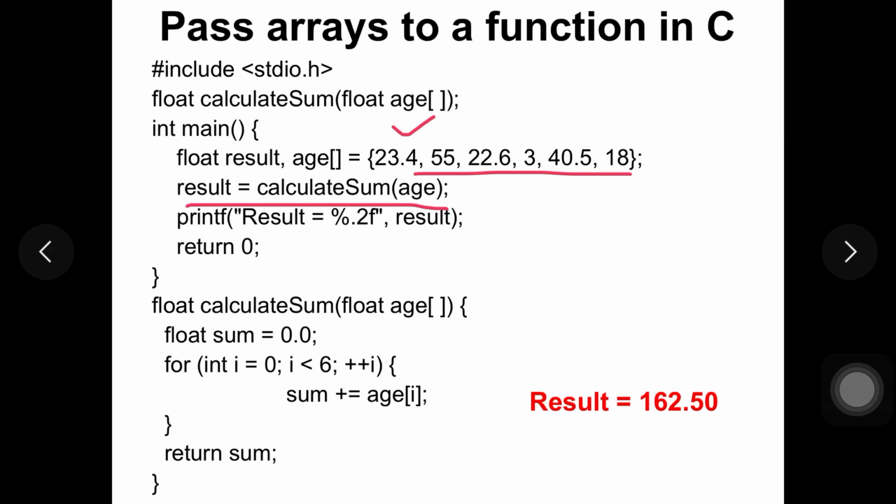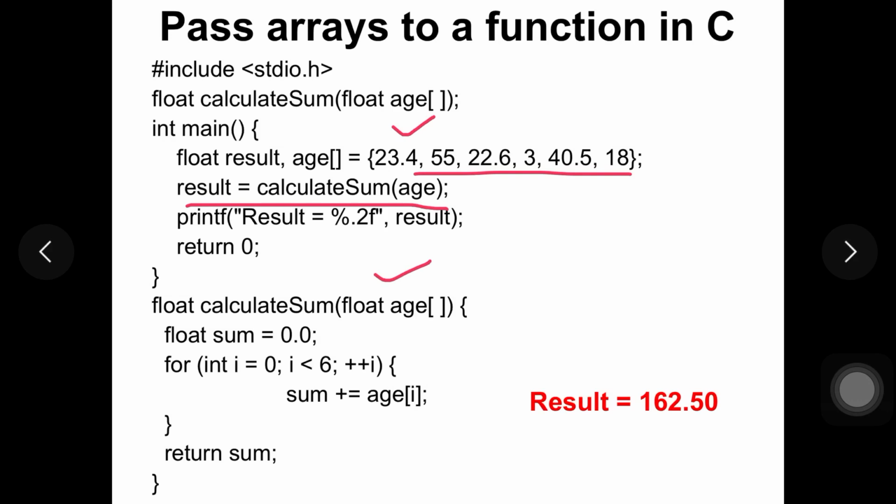So inside float age, you are copying all the values. Now float age has all the values from the array we had in main. Now you are using a simple for statement to add all the elements of the array, from 23.4 to 18, whatever values we have.